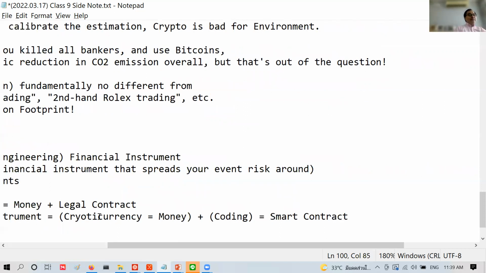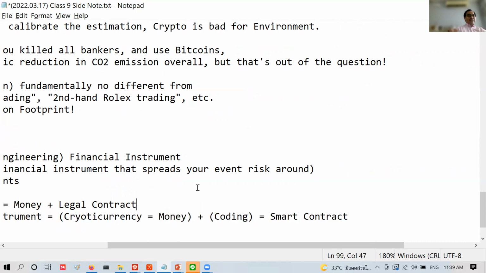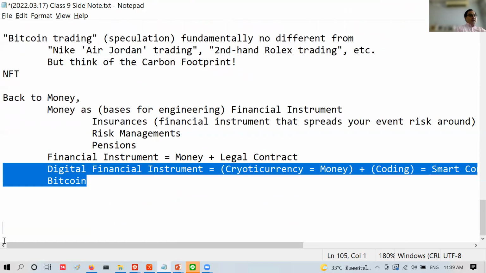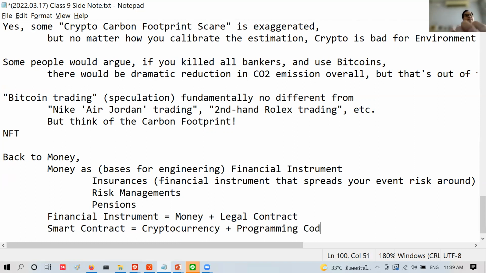So you start with cryptocurrency. Oops, sorry. Let's do this. A smart contract is equal to money, but cryptocurrency, plus programming code like Solidity.